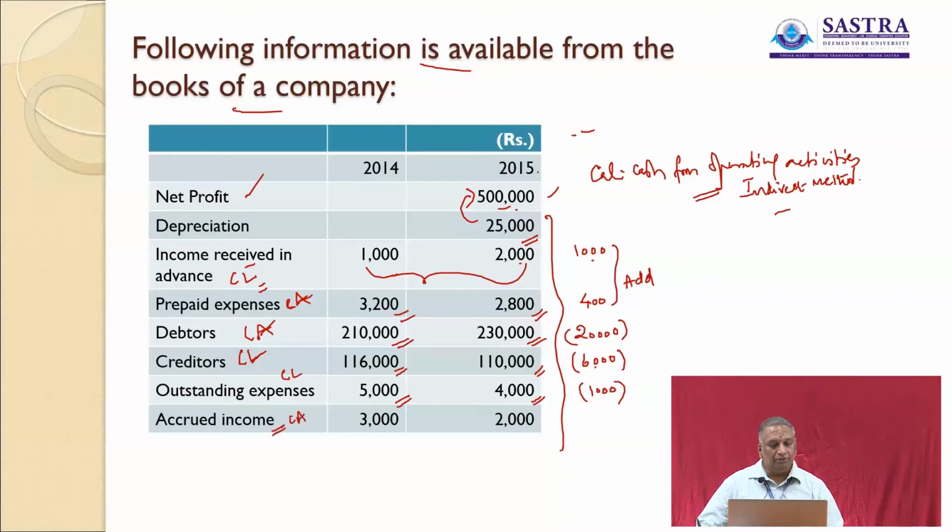Accrued income is a current asset. Income earned but not received. Okay. So decrease in current asset means increase in cash. Accrued income has decreased from 3,000 to 2,000. That means you must be having more cash. It should be added. So decrease in current asset means increase in cash.